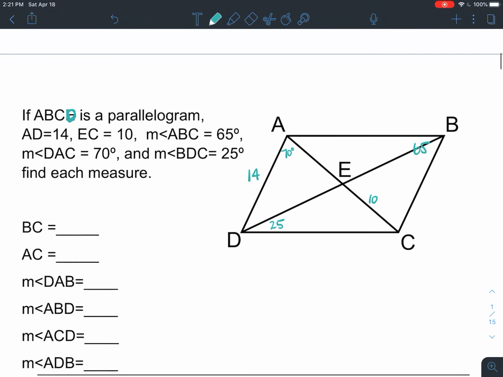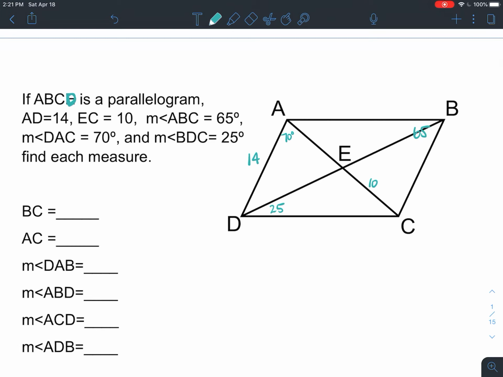We're going to find each measure. So if I'm looking at side BC, I know that because this is a parallelogram, both pairs of opposite sides are congruent, so this will also be 14.